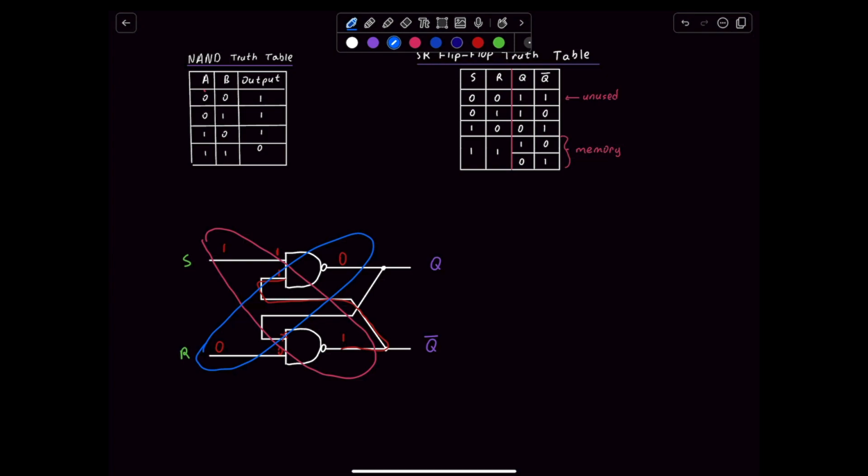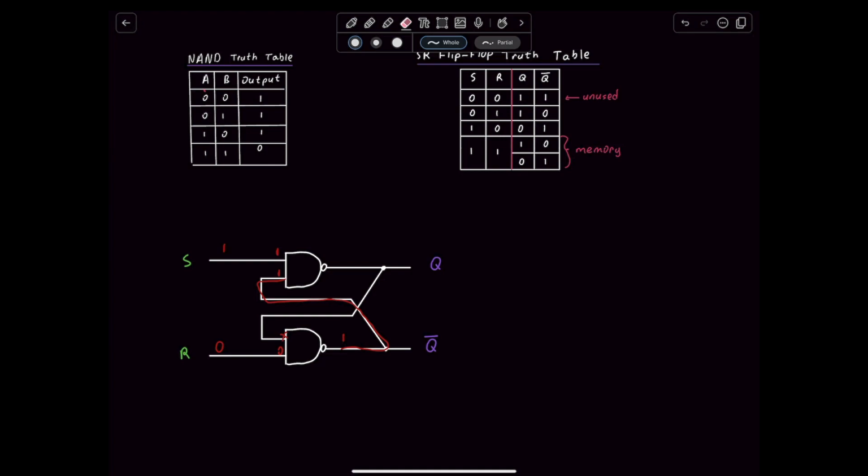All right, that is really useful. The idea here is that the truth table of the NAND gate really tells us why this works the way it does.